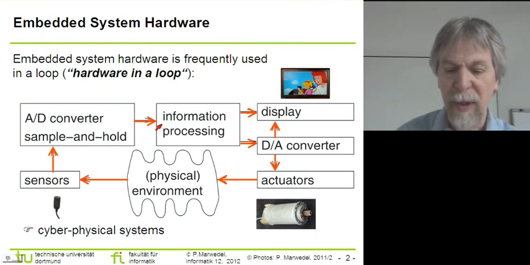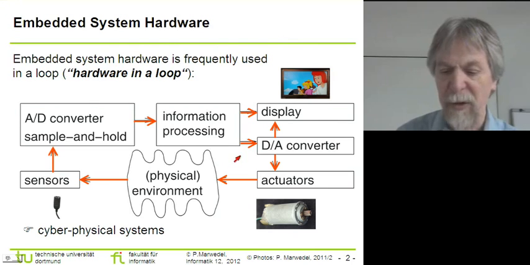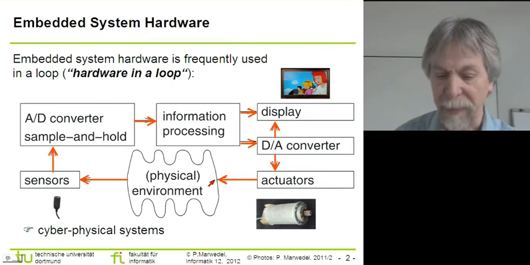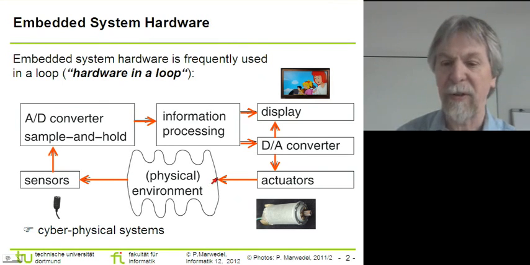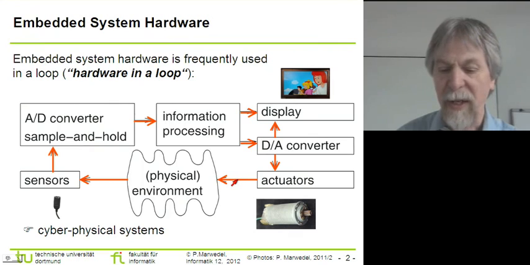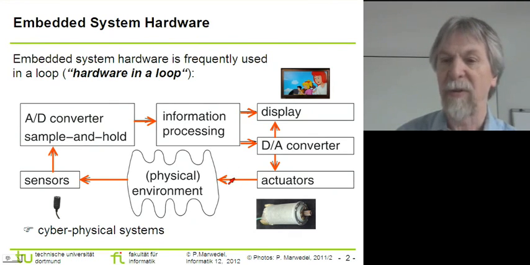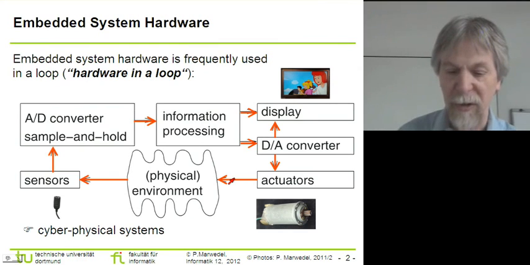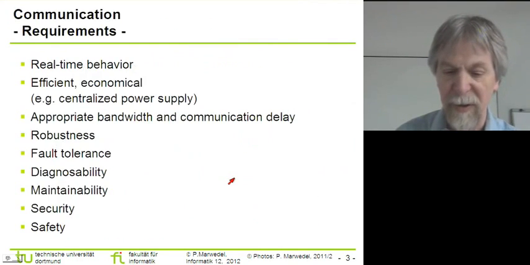I talked about information processing, and we will still have to look at displays, conversion back to the analog world, actuators, and, well, not really the impact on the physical environment. Somewhere in between, and that's more or less arbitrary, I have to discuss communication, and I decided to talk about communication right now at the beginning of this lecture.